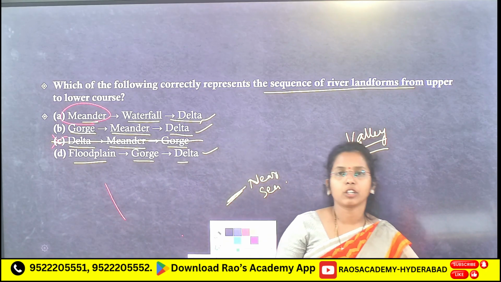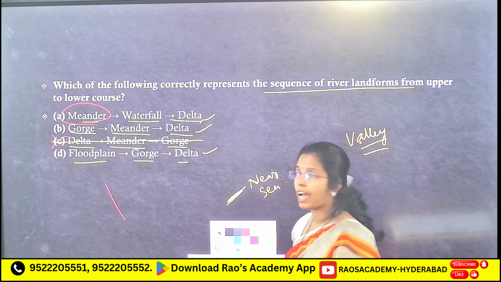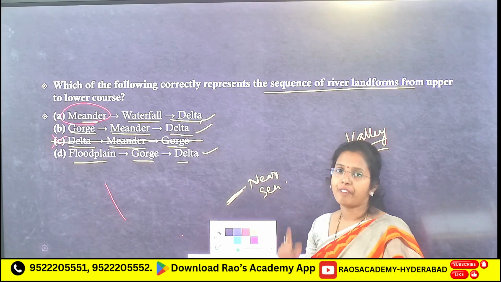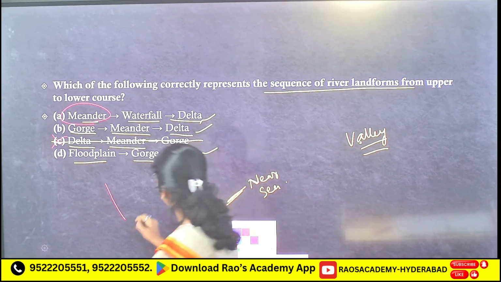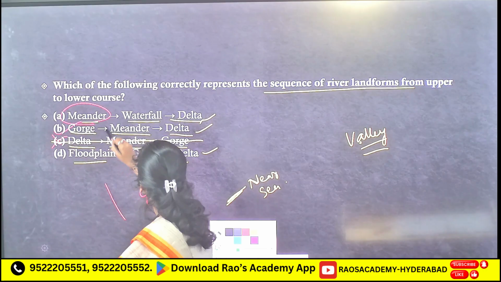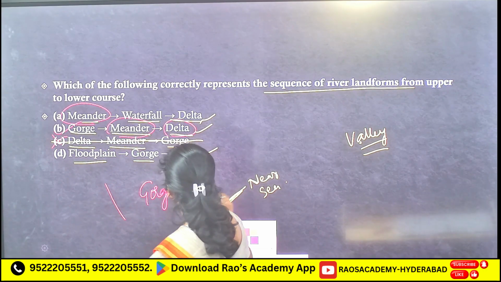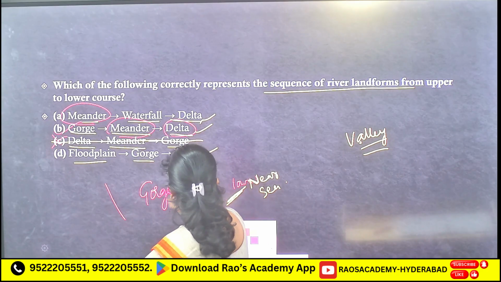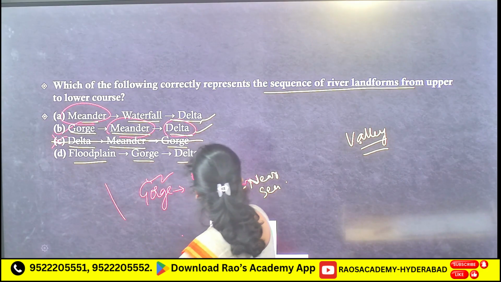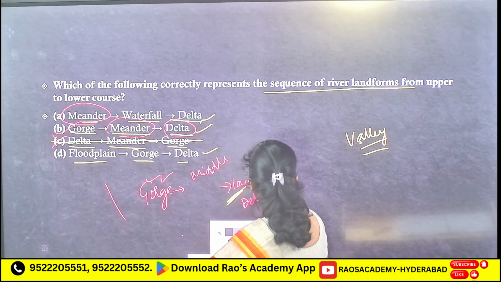At vertical erosion, what forms? Valley formation. We have seen different types of valleys. Gorge is a valley, so first gorge. Next, meander at the mature stage. Next, delta at the lower course. Upper course, valley; middle course, meander; and at the lower course, you will see delta.